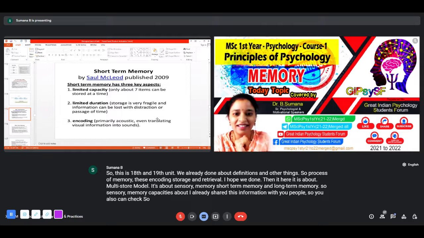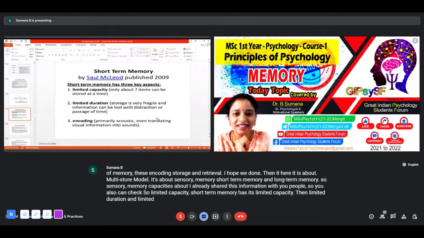So limited capacity: short-term memory has limited capacity, then limited duration, and limited encoding ability of an individual, because the time gap is very, very short. So here I have given 7 items.